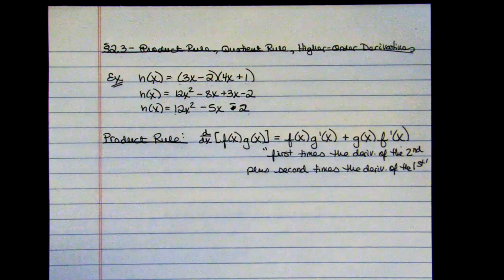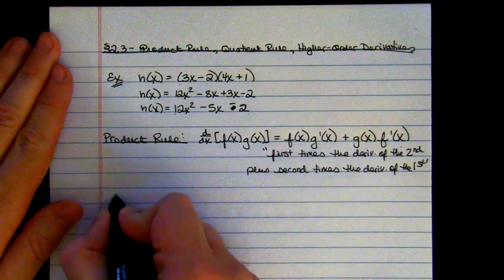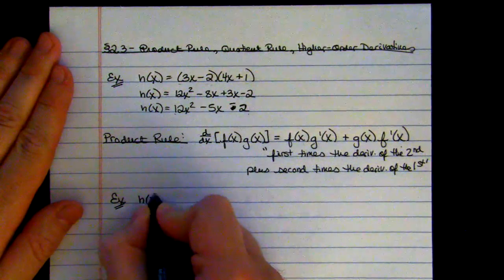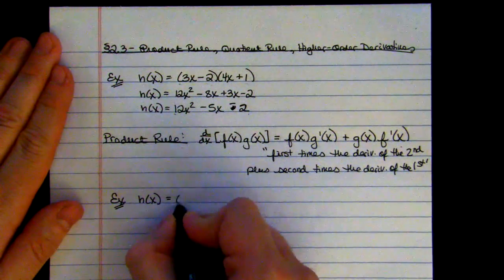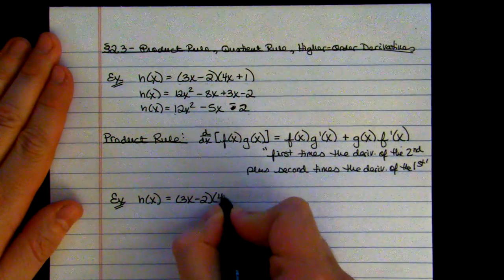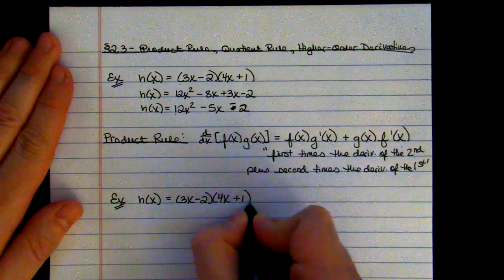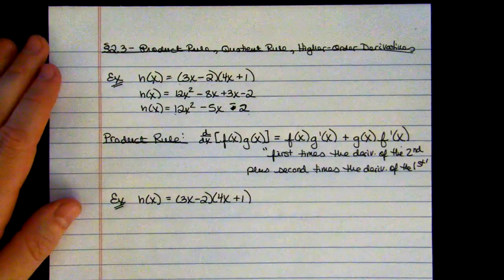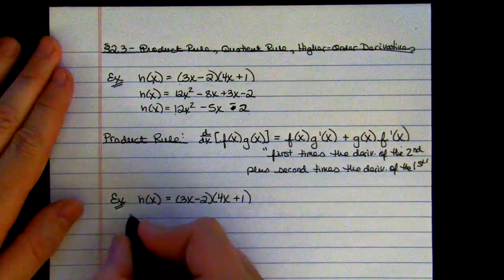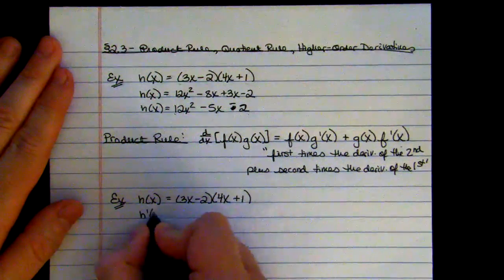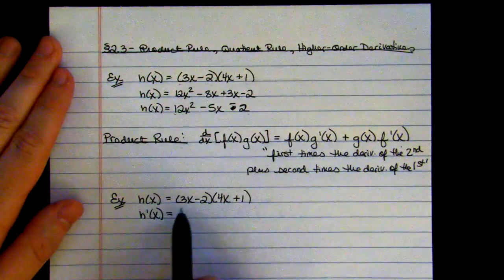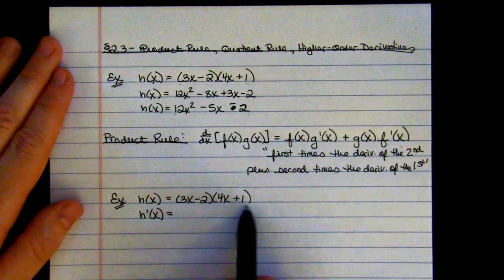So let's see how we can use this. Let's go back to that original example that I gave you, where we didn't actually find the derivative yet, but hopefully I convinced you that it's not just 3 times 4, it's not just 12. And I want to apply my product rule to this. My derivative should be the first times the derivative of the second.